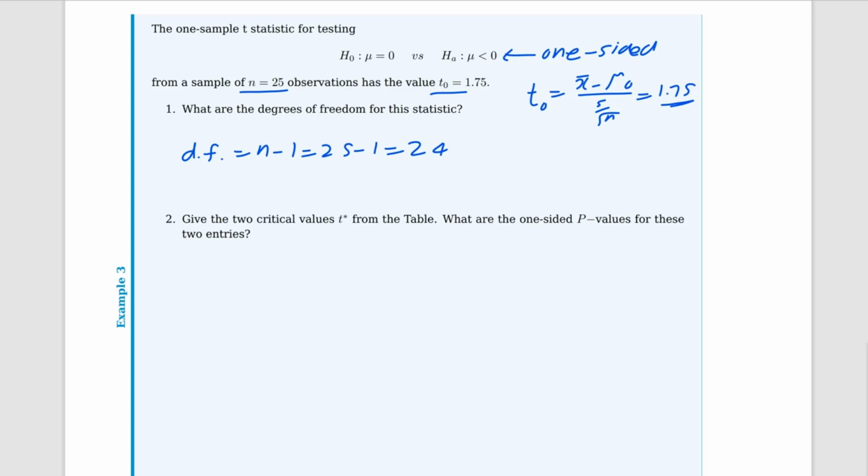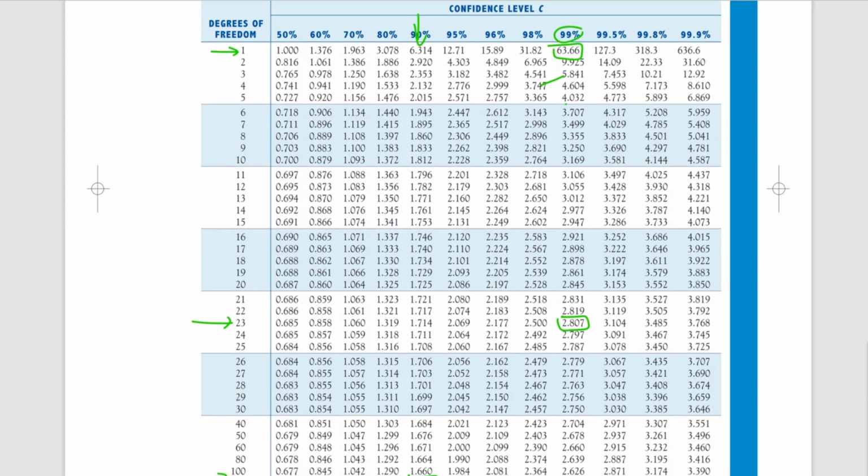So, let me explain. Okay, now our degrees of freedom is 24, and our test statistic, which is T naught, is 1.75. Then go to the table and get the 24 degrees of freedom.